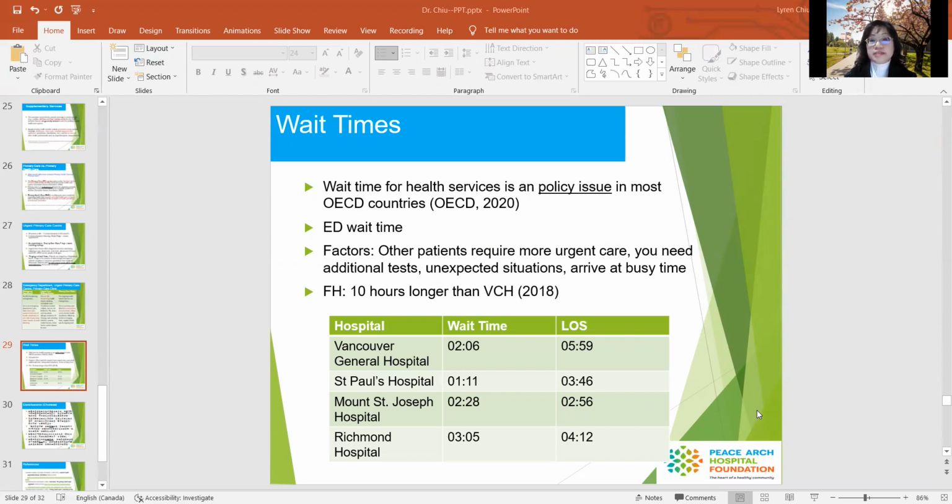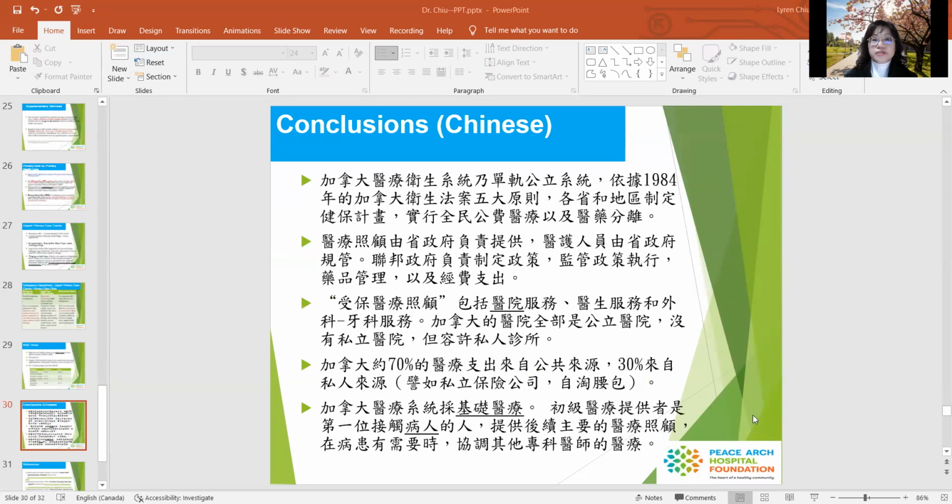And maybe there's an unexpected situation, maybe a natural disaster or traffic. And there's another reason you need to consider: when you arrive at a very busy time, you probably need to wait, especially when other people are more urgent than you.